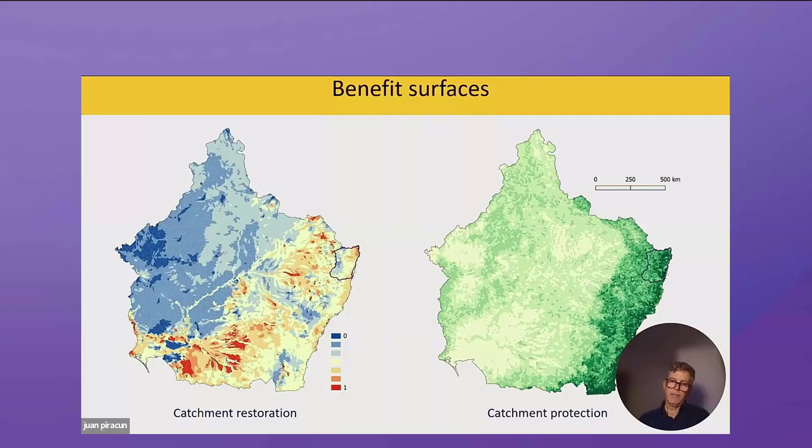The situation for the protection priority for the region is slightly different, where the disturbance layers don't influence the overall pattern so much. You have two zones, one roughly corresponding to the 600 millimeter annual rainfall, and this really reflects the spatial area.